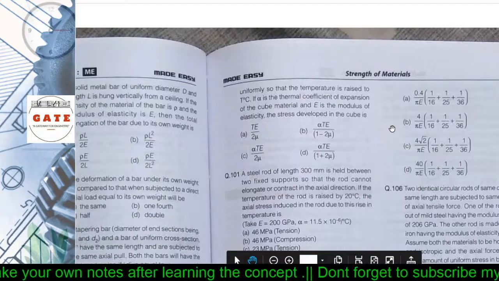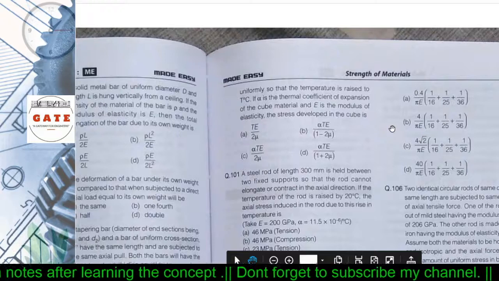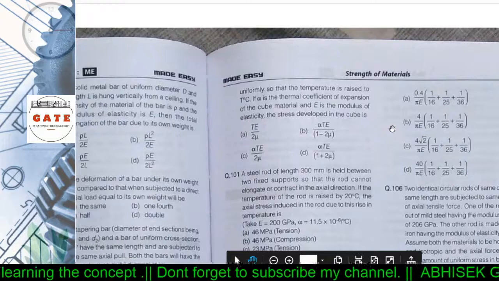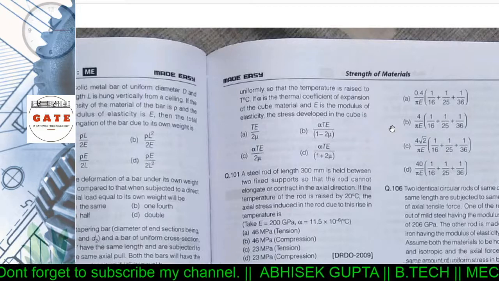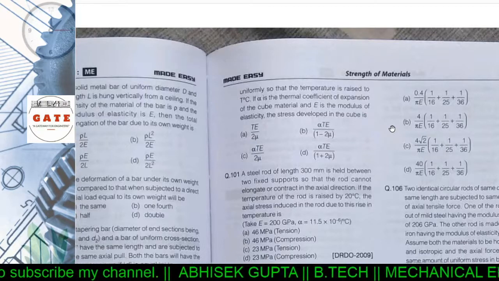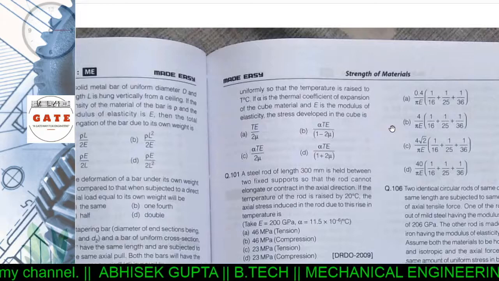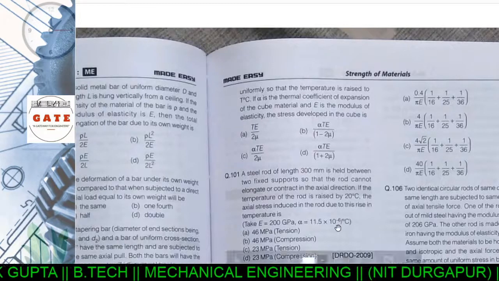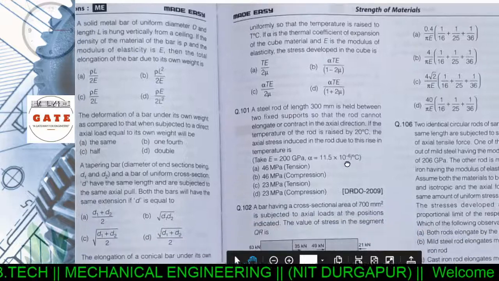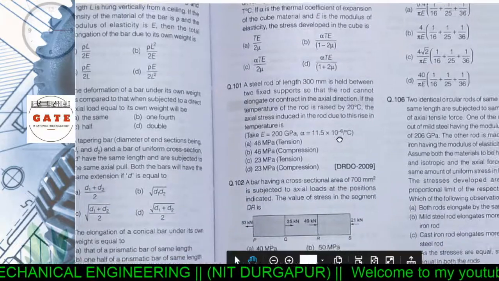You have to remember it for a cubical bar. So the answer is option B, alpha T E upon 1 minus 2 mu. Question number 100 option B is correct. You have to remember this formula. Sometimes a direct numerical is asked in the GATE examination.